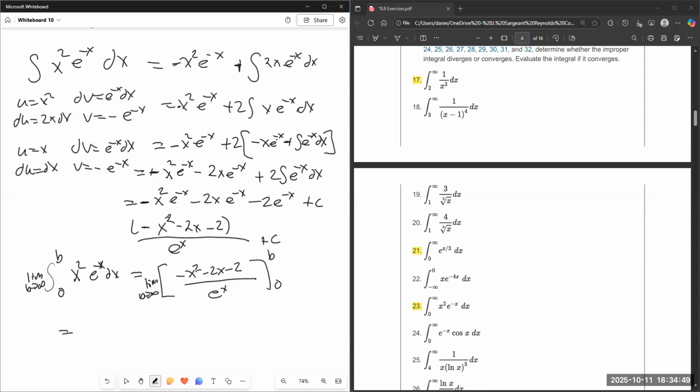That should be equal to negative b squared minus 2b minus 2 over e to the b, limit as b goes to infinity. And then this should be minus, and then this would be 0, -2 over 1.